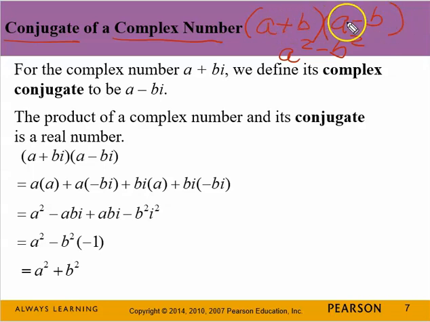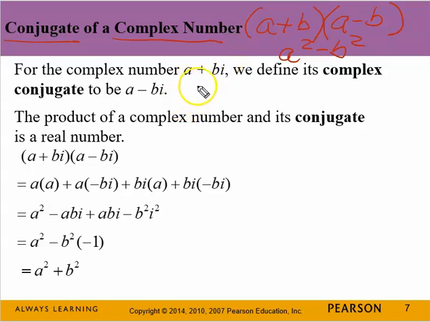One's a positive and one is a negative. Now, when we multiply conjugates, where it's the sum and the difference of the same terms, the inners and the outers cancel out through subtraction, and you get the difference of perfect squares. So we have what is a conjugate of a complex number.